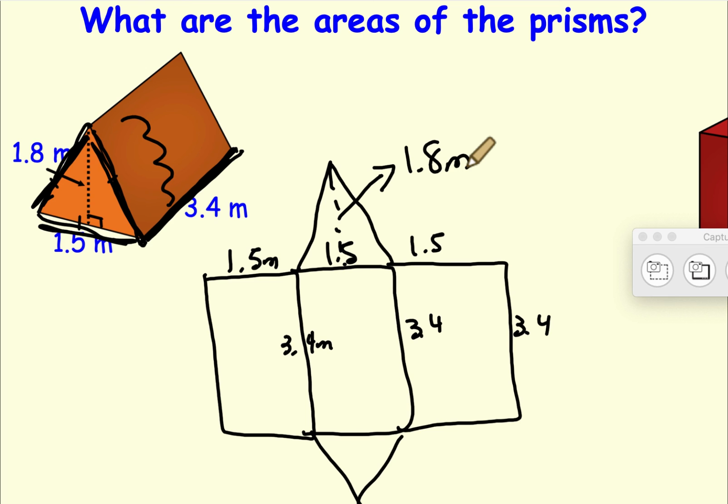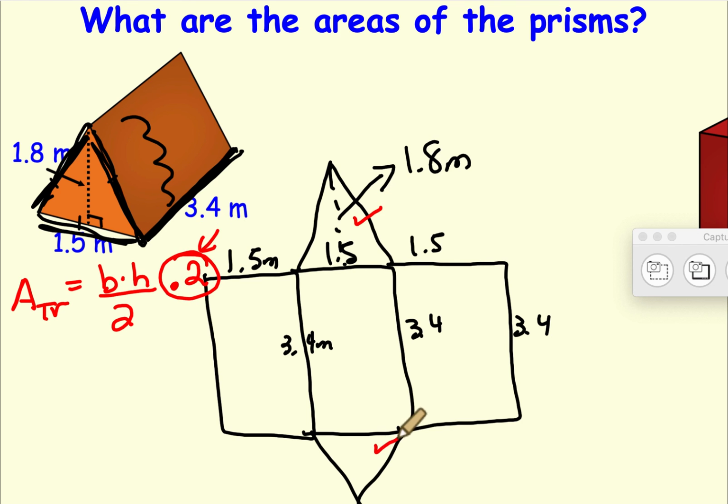So I need to do the 2 triangles. I need to do the area of the triangles, and since they're congruent, I'm going to need to double whatever I get for the area. So I'm going to do times 2. Remember, this times 2 is because I have not 1, but 2 of the same.